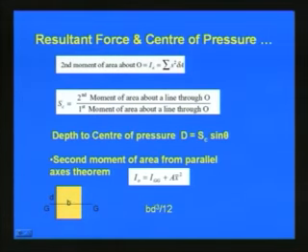This way we can find the second moment of area from the parallel axis theorem, and then the center of pressure will be the ratio of the second moment of area about a line through O to the first moment of area about a line through O. Like this we can determine the resultant force on the inclined plane, and then we can determine the center of pressure where the resultant pressure is acting on the inclined plane.